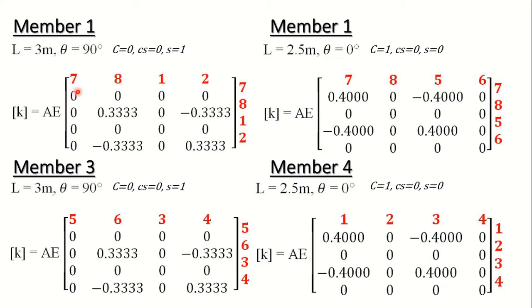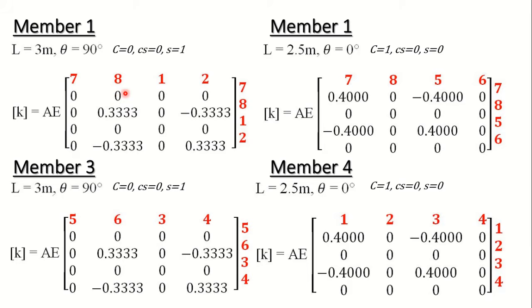This will be cos square theta, this cos theta sin theta, this cos theta sin theta, and this sin square theta. This is divided by L, so the length of the member has been taken inside as 1 by L into sine square theta. Sine theta is 1, so sine square theta remains 1. So 1 by 3.3333, that is recurring, has been considered over here.